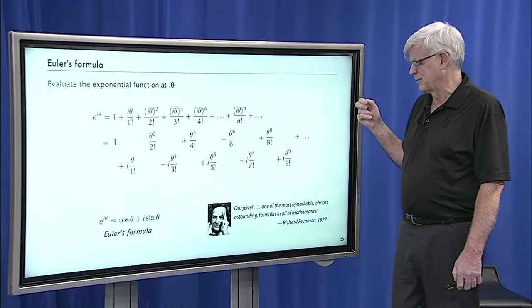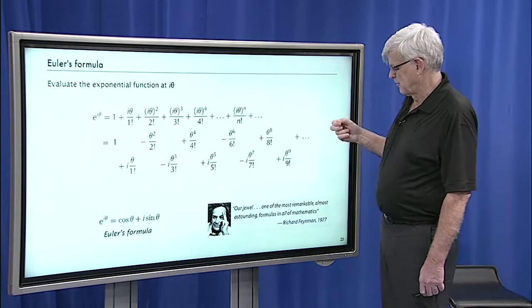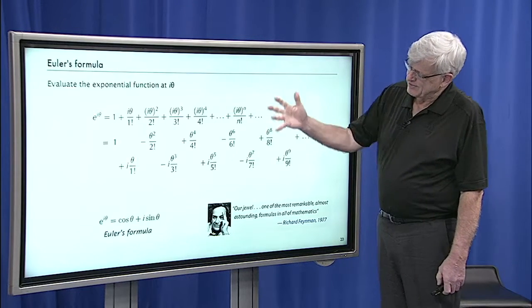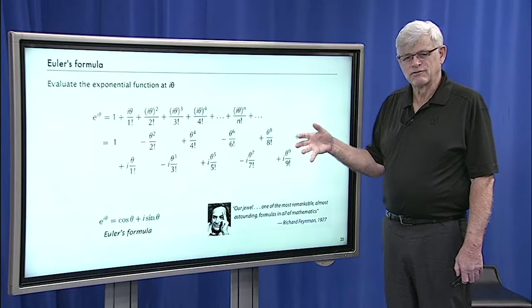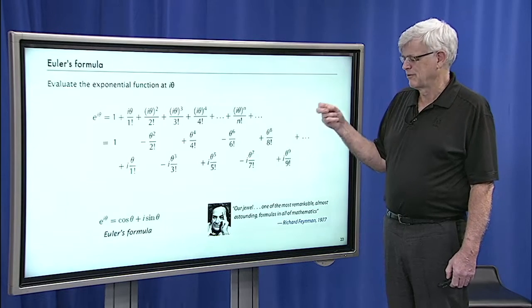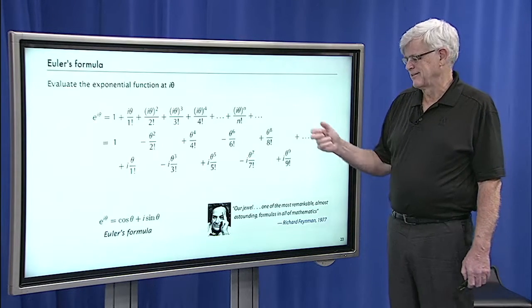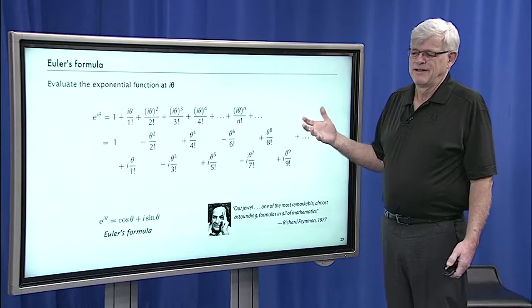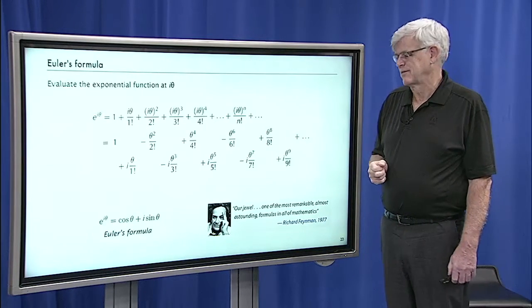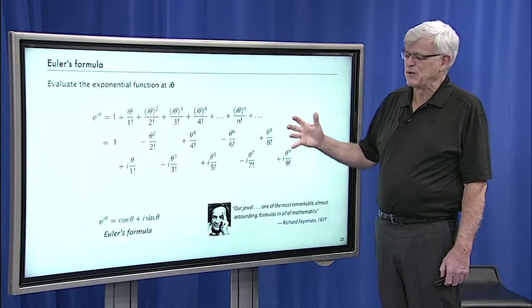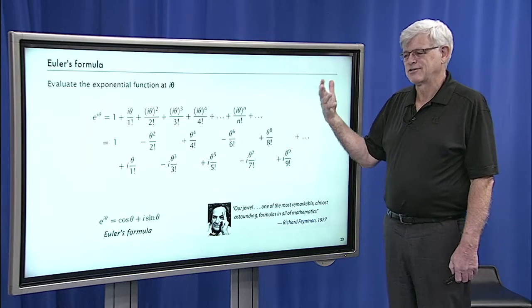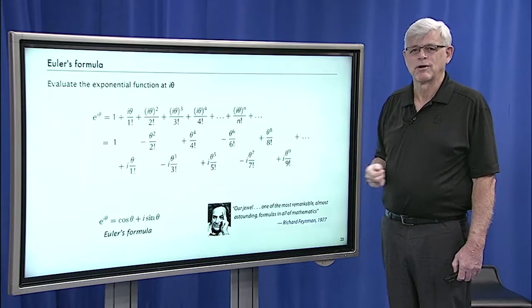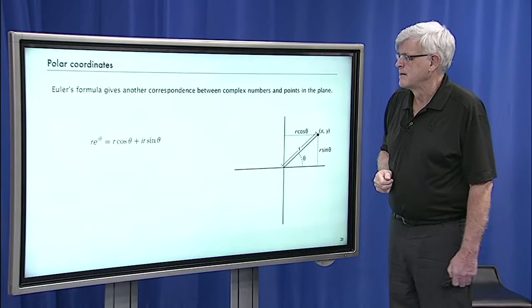He calls it our jewel, one of the most remarkable, almost astounding formulas in all of mathematics. And again, this is just an example of starting with that idea of the square root of minus 1. We can get to amazing constructs like this. That's what complex analysis is about. Now that's a very quick introduction. Next, we'll start to apply some of these things to the combinatorial problems that we've been working with.